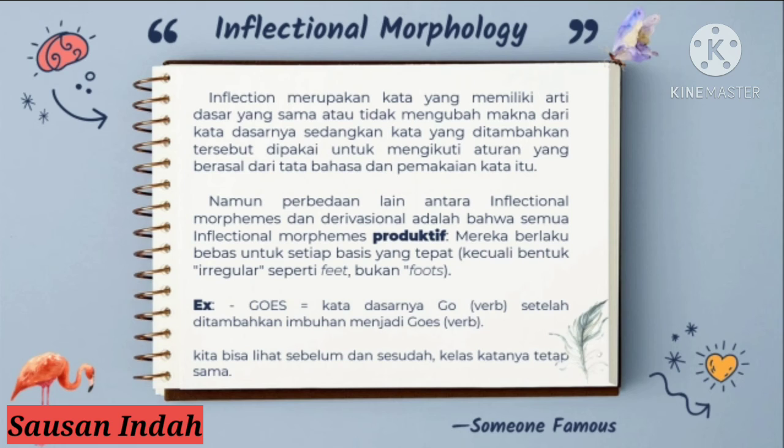They apply freely to any proper base except for irregular forms such as feed, not food. Example: goes. The root word is go, a verb. After adding the affix, goes is still a verb. So we can see before and after, the word class remains the same.